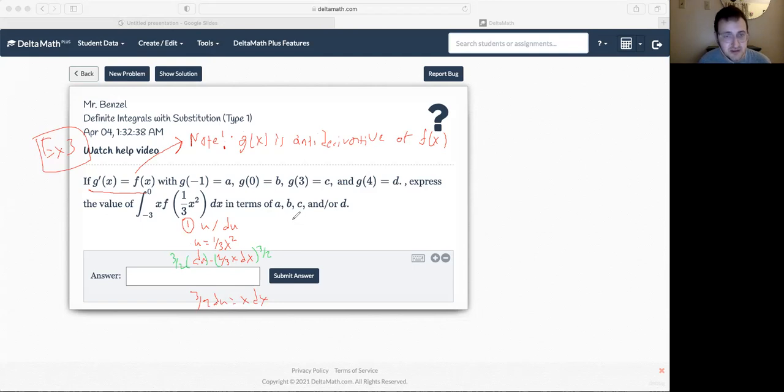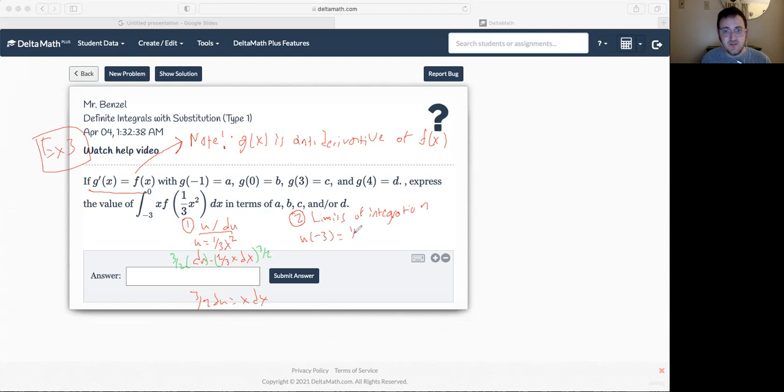And then two, limits of integration. So for this, I'm going to write u of -3 first.